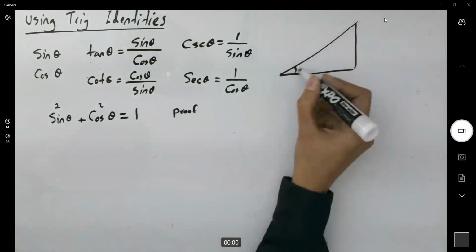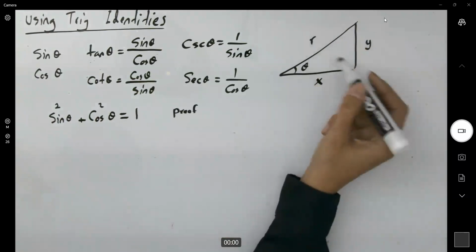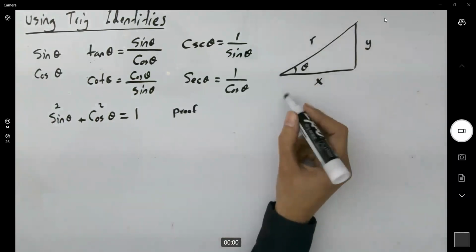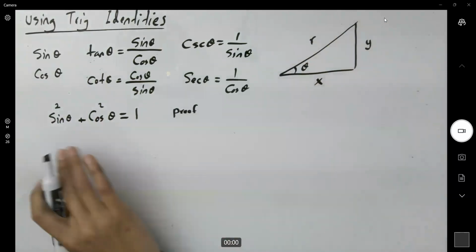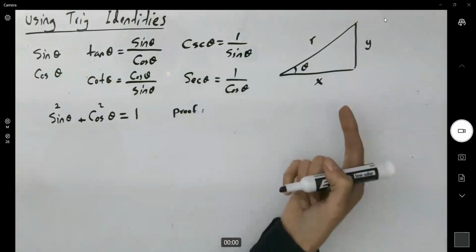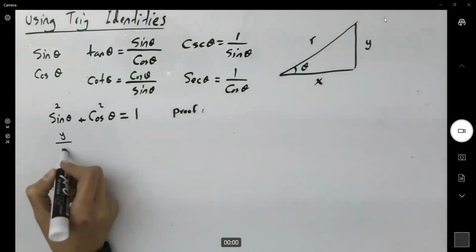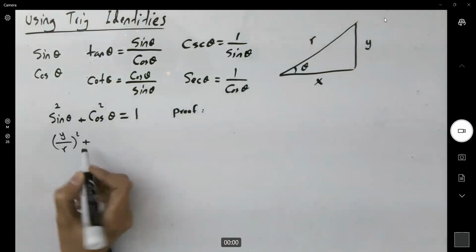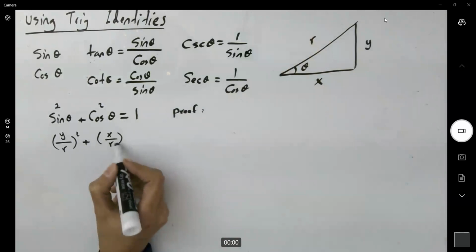Remember that when you have a right triangle, here you have x, here you have y, and here you have the hypotenuse. Using these definitions, sine is y divided by r, so y over r squared plus cosine, x over r, squared.